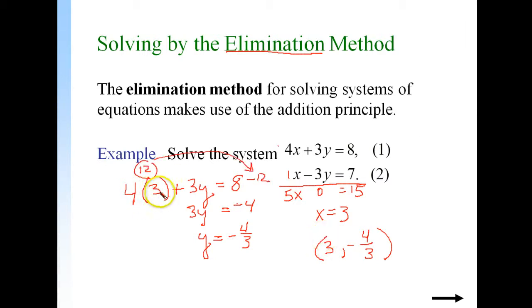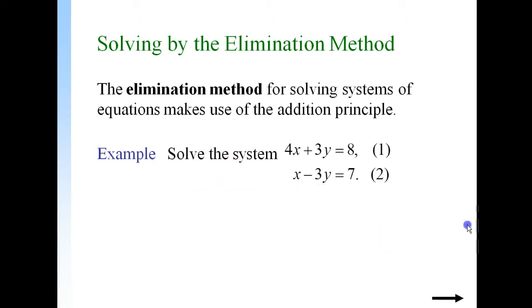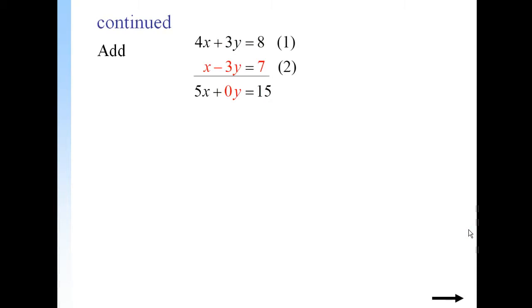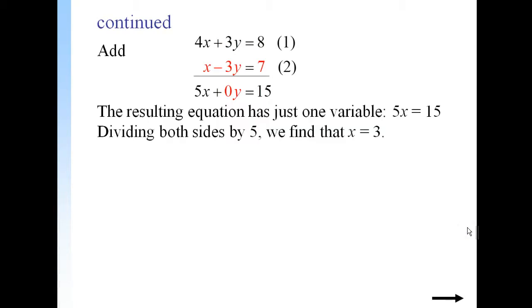So once again, I'm substituting back into one of the equations. I found out that x was 3. So I go 4 times 3 is 12. Transpose that, becomes a negative 12 on the other side. Add it to a positive 8. I end up with a negative 4. Divide both sides by 3. This is my ordered pair. There's our 3.